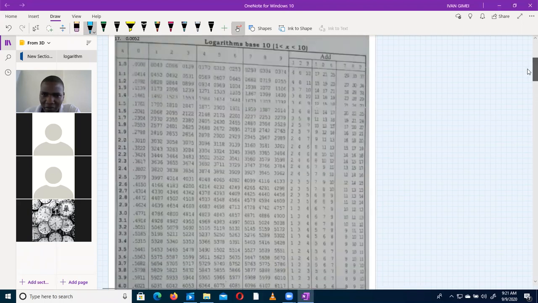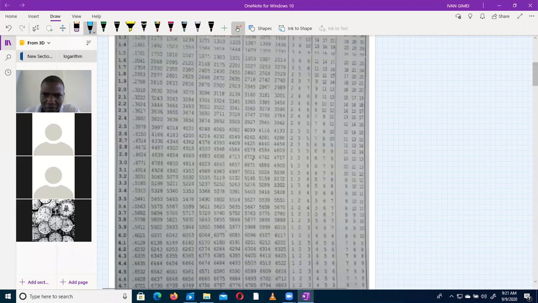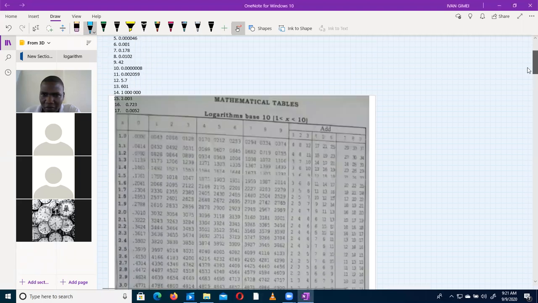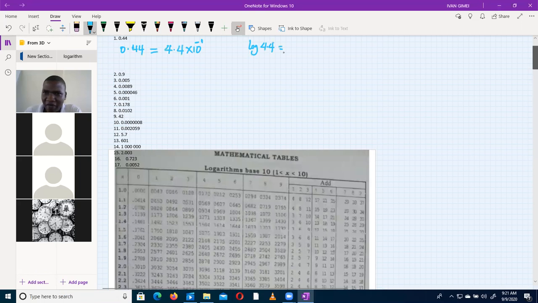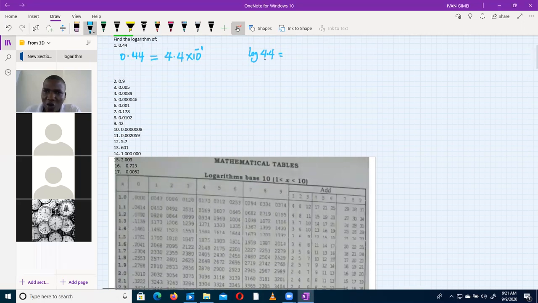Then you go to the column that has 4. Our value, the log we're looking for is log of 4.4. So we said the column headed X gives us the first 2 digits, and our first 2 digits are 4.4. There is 4 and 4.